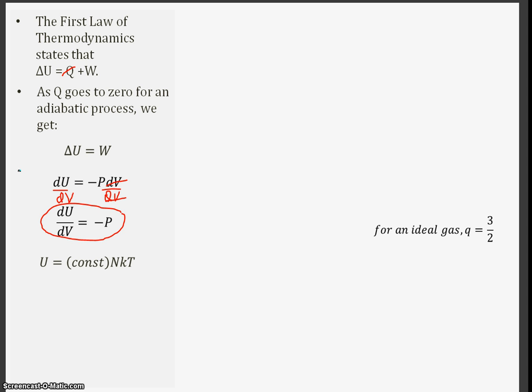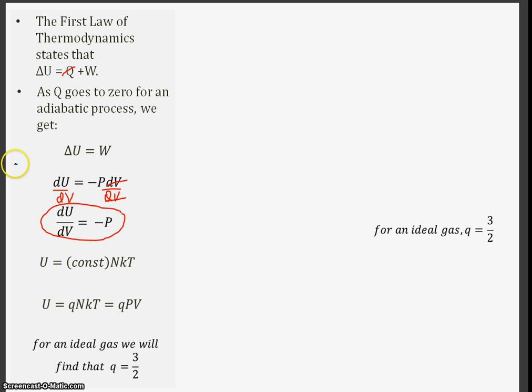The constant is how much you have with kT. We're going to use the letter Q for the constant. So internal energy is Q times nkT, which is also Q times PV, because we know from the perfect gas law that PV is equal to nkT. This is where we get that little extraneous thing on the right-hand side. For an ideal gas, this Q is 3 halves. We derived that with the molecules in the box, and we found that Q is 3 halves.